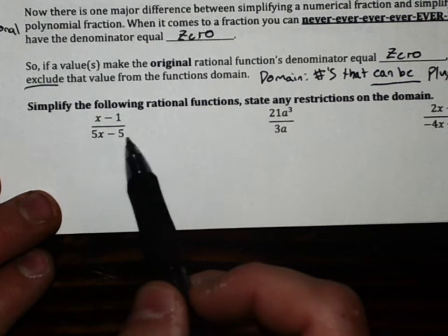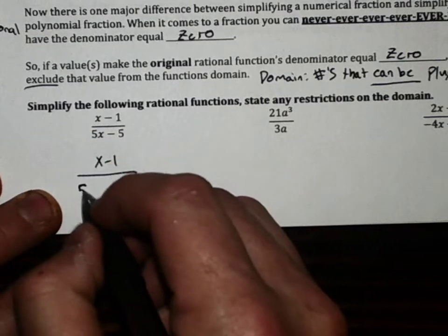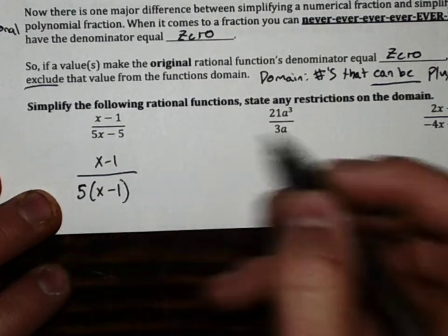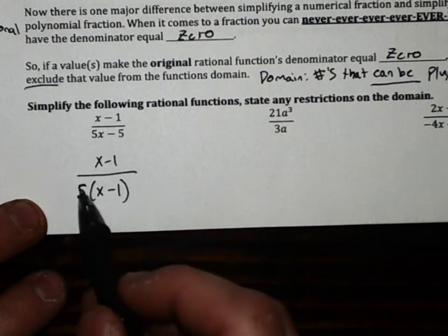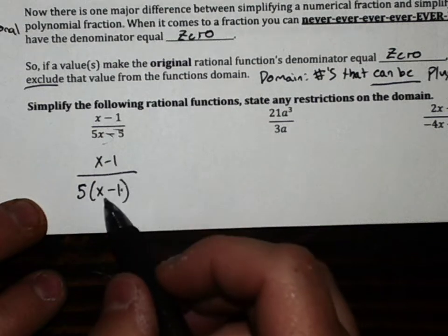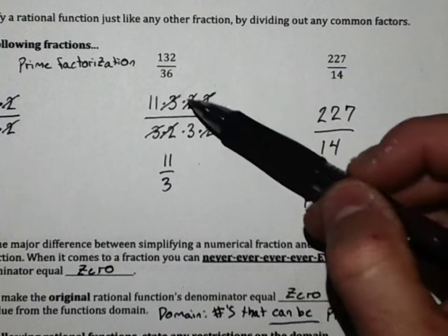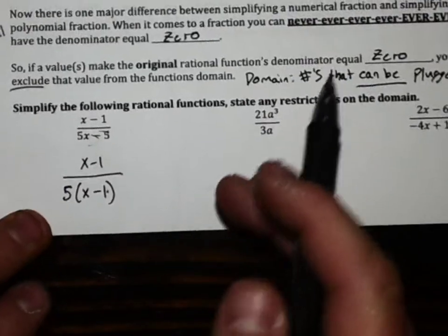Well, there's a 5 and there's a 5. So what can I do? Well, I can take out a 5. I can remove a 5. If I redistribute this 5, you have 5x minus 5. But look here. Just like above, the 3 divides out with the 3 and they go away. We have a common factor here.